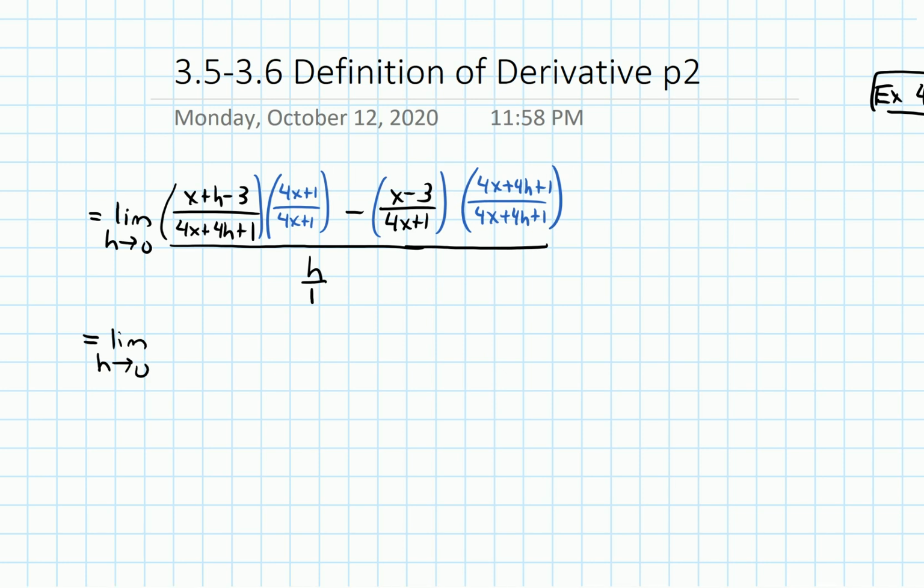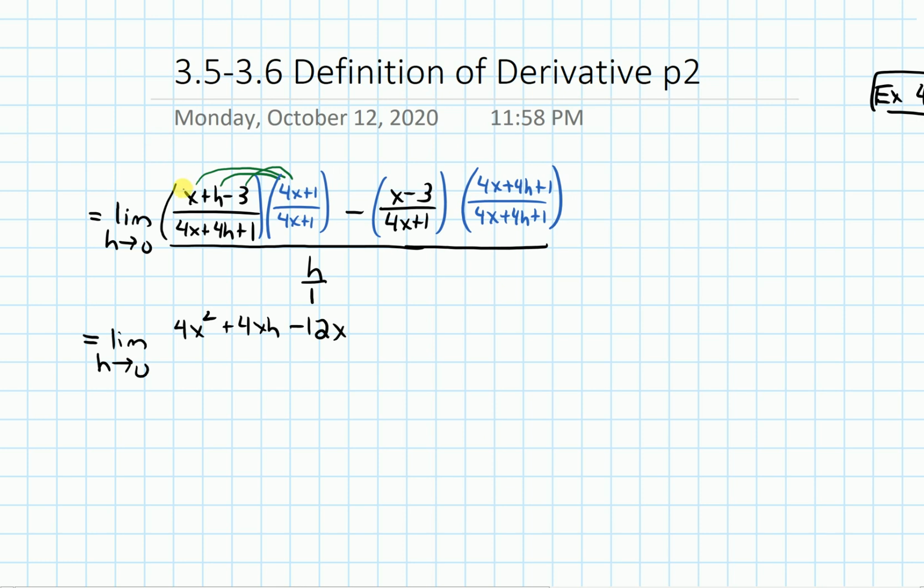And now, when we multiply these first two fractions, I have to distribute in the numerator. So I'll do x times 4x. That gives me 4x squared. Then let's do h times 4x. That gives me plus 4xh. And then let's do the minus 3 times 4x. That gives me negative 12x.